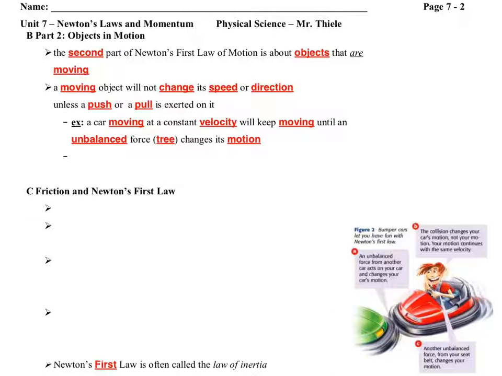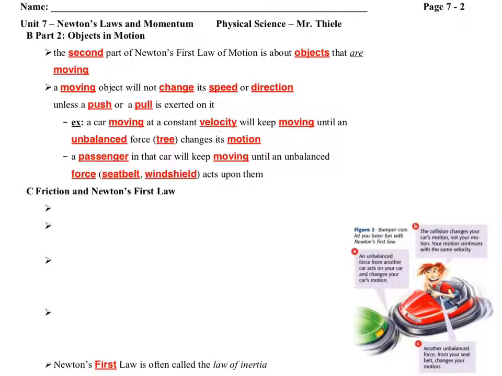So this is what makes car accidents dangerous. So hopefully the unbalanced force that stops the passenger from moving forward in a straight line at a constant speed will be something like a seatbelt or an airbag and not the windshield. But this is a situation that arises when you have an unfortunate car accident like this.